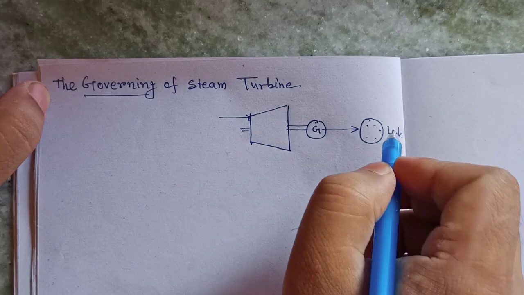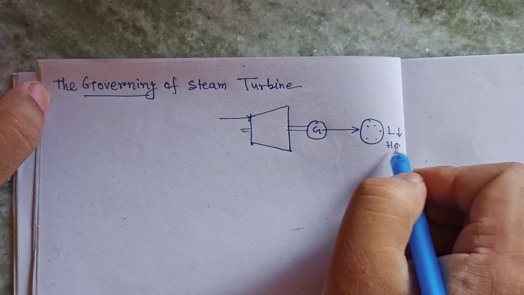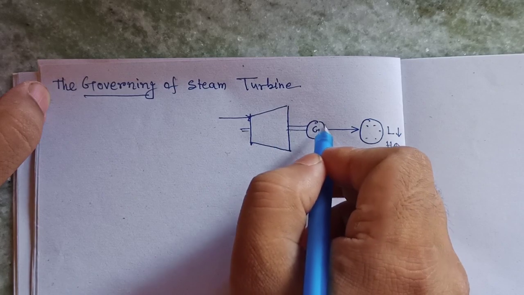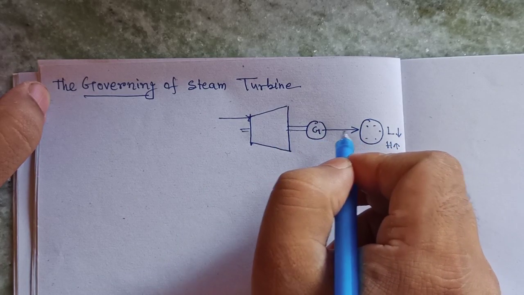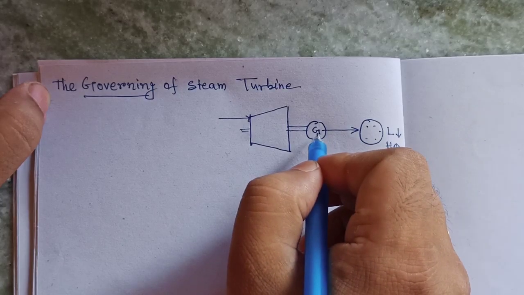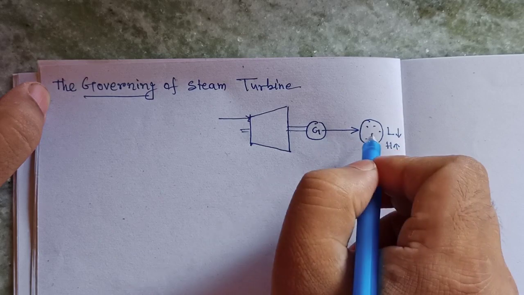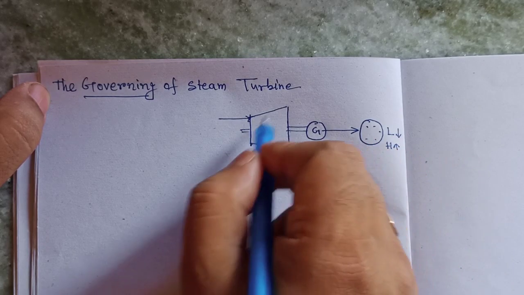That means when load is low, at that time the generator is not required to produce so much electricity. When the generator is producing low load, the turbine is not required to run at higher speed.